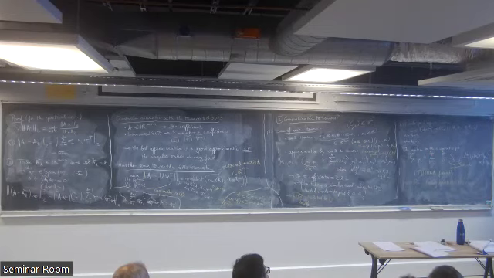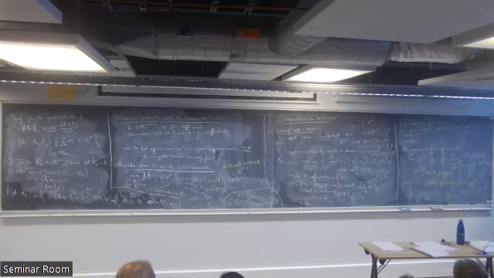K1 times K2 times KL is the number of spectral determinants that you have in your MCSCF.